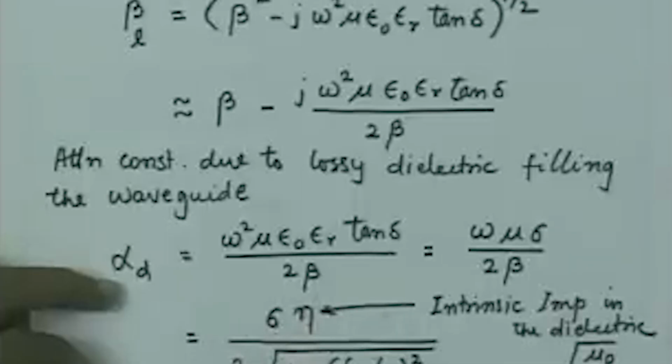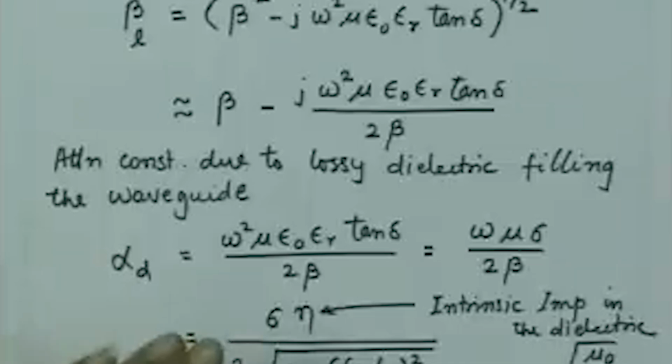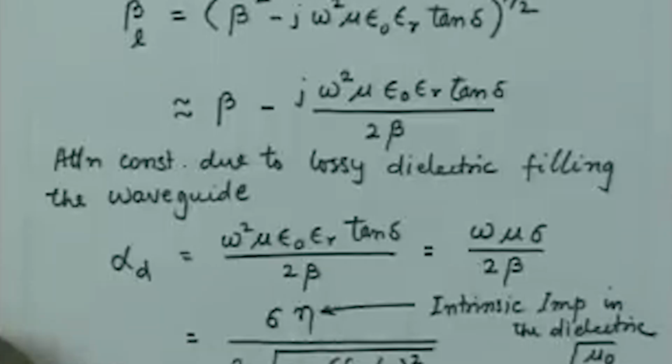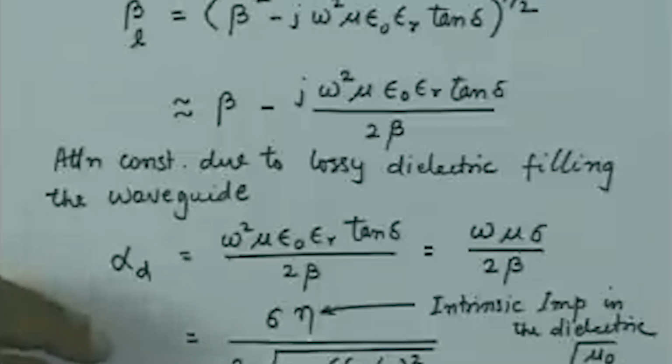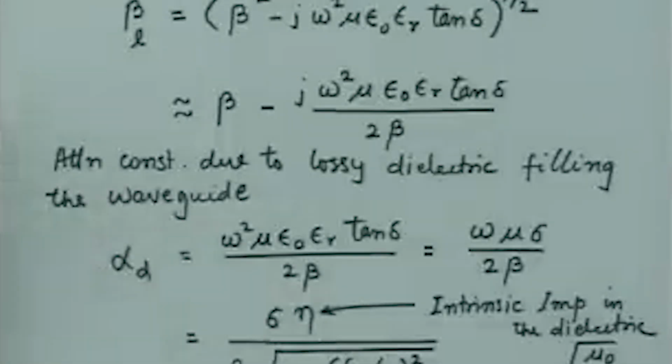This is very similar to the transmission line case. If you recall, if you take a transverse electromagnetic mode, that's what was the attenuation constant for the transmission line, that is sigma upon 2 multiplied by the characteristic impedance of the medium. So, when we talked about the lossy medium in the unbound medium, that time we had got a loss which was this loss.